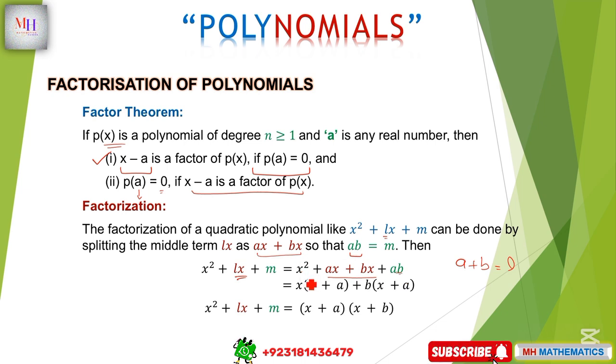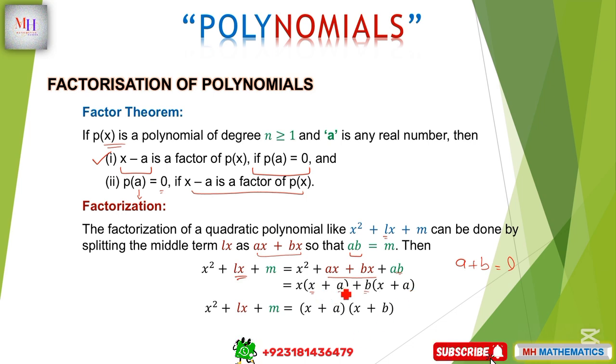Now we take x common from these two terms. So x is common, here we get x only, and from here, if x is common, then ax divided by x is equal to a. Common means we are dividing by the common factor, plus. Now b is taken common from these two terms. So write b here and divide these two terms by b. So here we get x and here we get a.